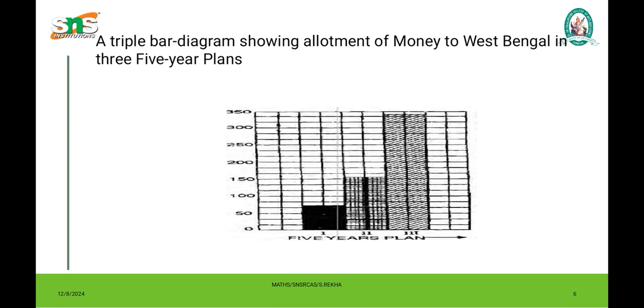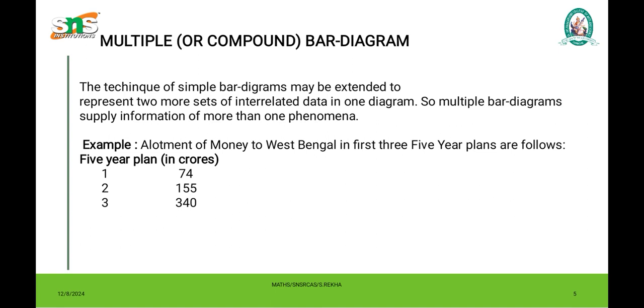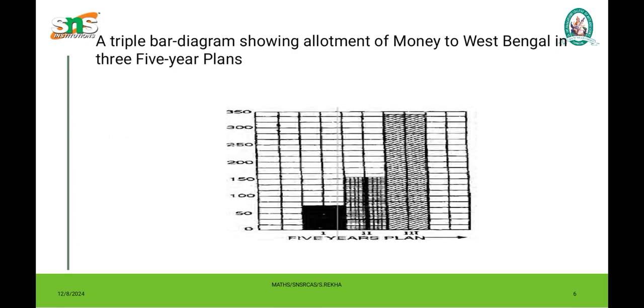You have to write the data of the first year, which is 74, in the second year it is 155, and the third year is 340.